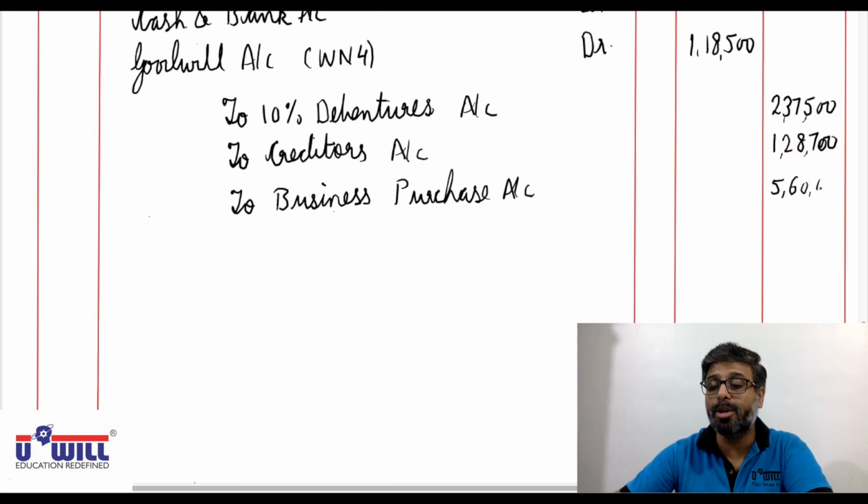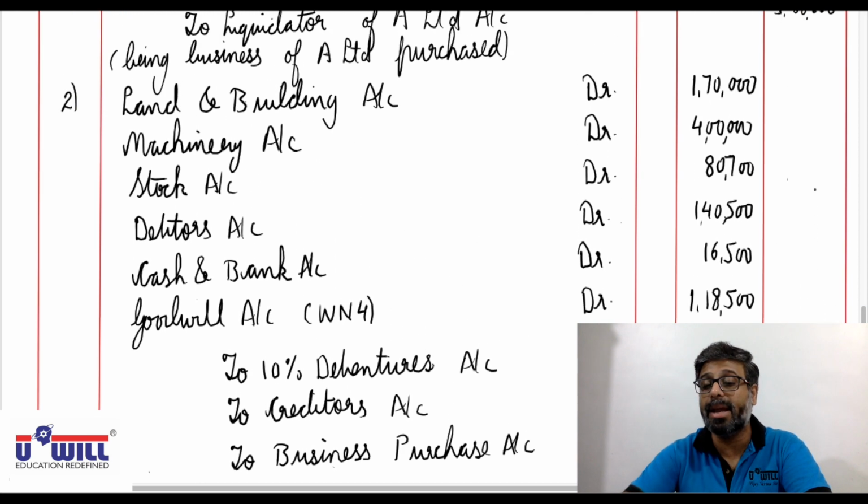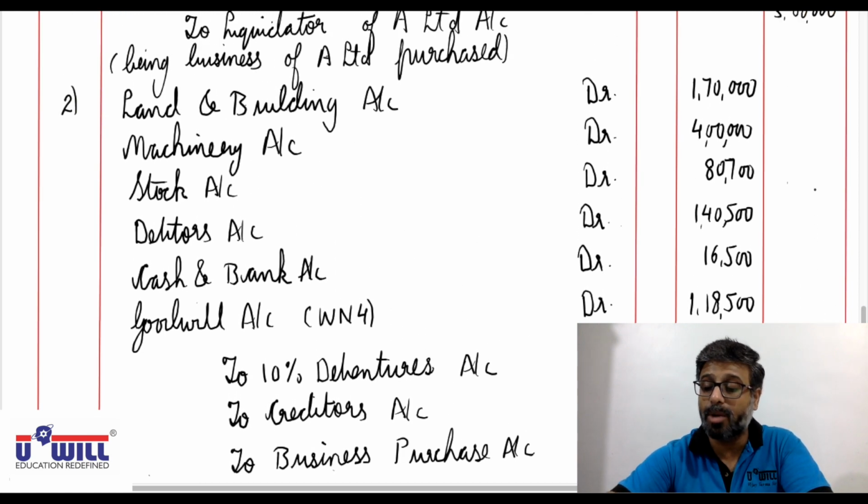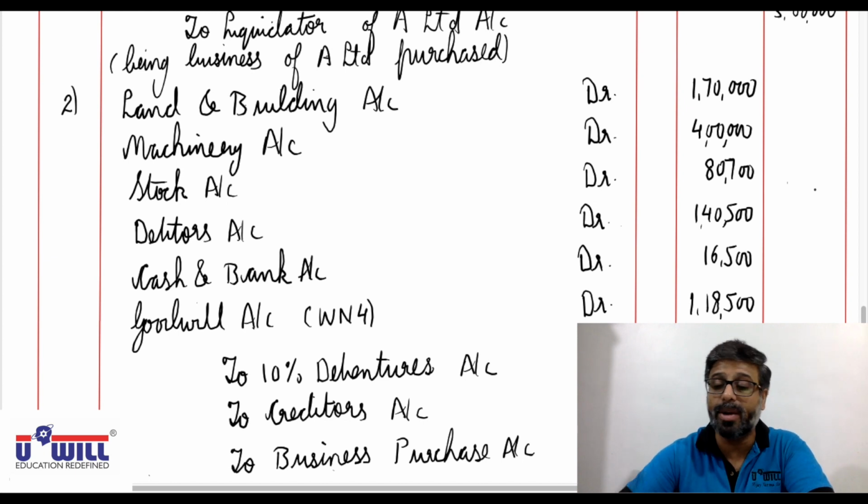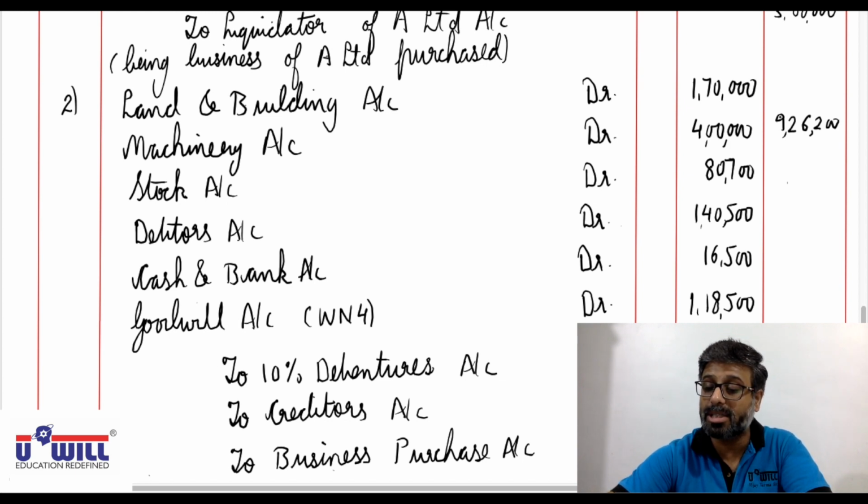And I've told you earlier also, after you pass second entry being a very big entry, cross verify debit is equal to credit or not. So debit 1,70,000 plus 4 lakhs plus 80,700 plus 1,40,500 plus 16,500 plus 1,18,500. You can see debit is equal to 9,26,200. Now cross verify with the credit amounts. What are credit amounts? 2,37,500 plus 1,28,700 plus 5,60,000.